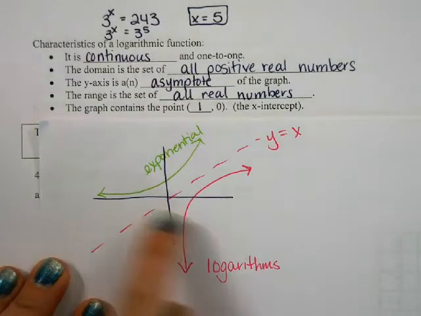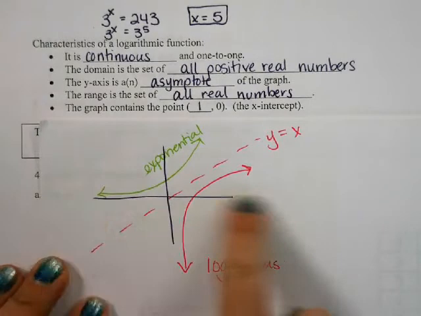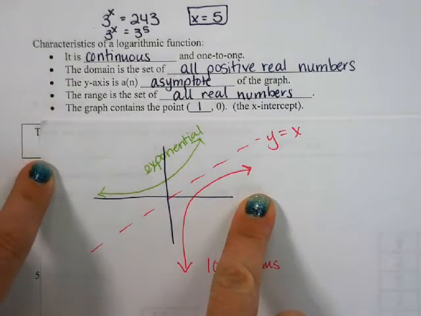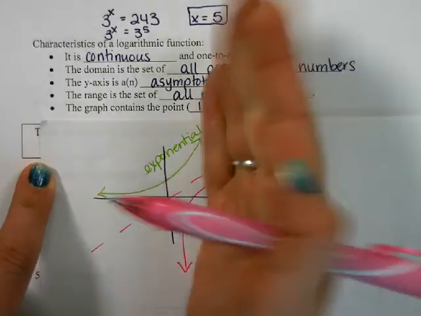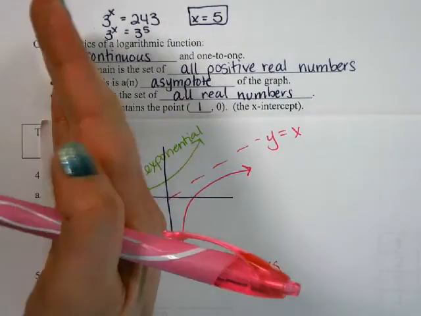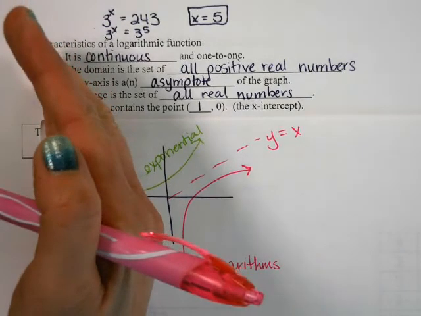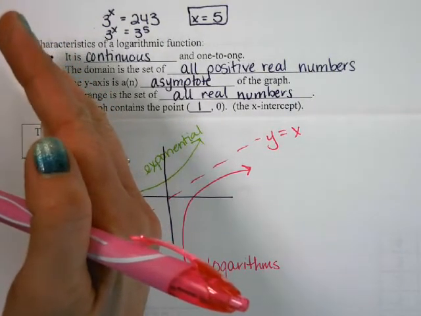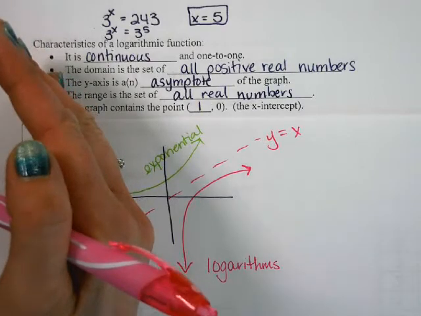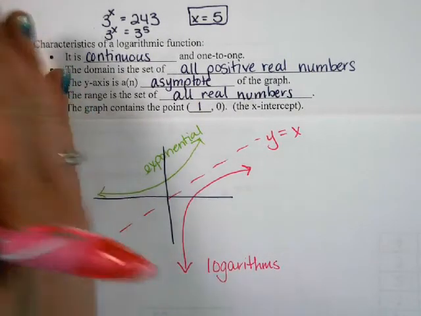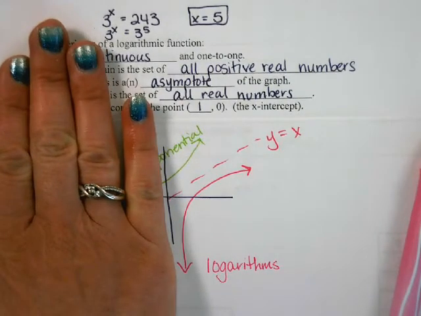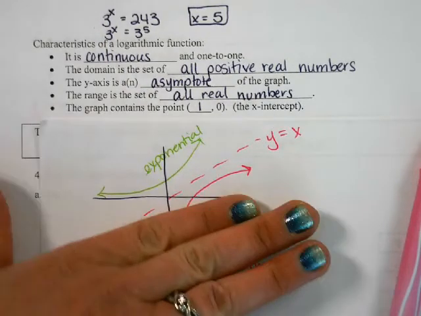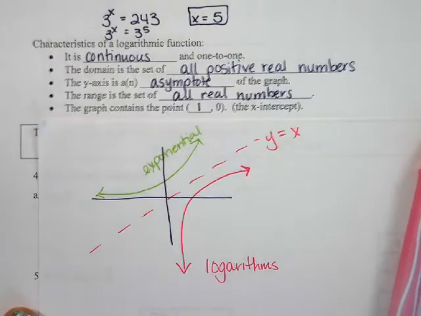The x-axis was an asymptote for the exponentials. The y-axis is now an asymptote for the logarithmics. This never goes negative. Logarithms never go into the negative part of the x-axis. That means my domains are all positives, x greater than 0. But for my ranges, I have positive and negative values, so I get all reals.